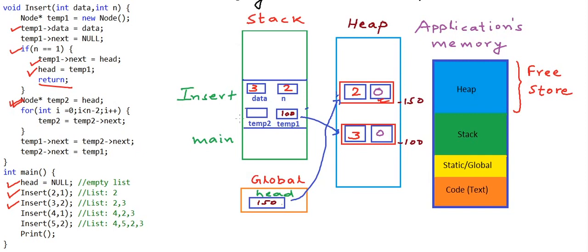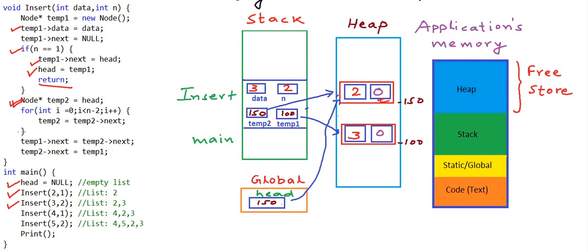We are saying temp2 is initially equal to head, so we store the address 150. So initially we make this guy point to the head node, and now we want to run this loop and keep going to the next node until we reach the n-1th node. In this case n is equal to 2, so this loop will not execute this statement even once. The n-1th node is the first node itself.